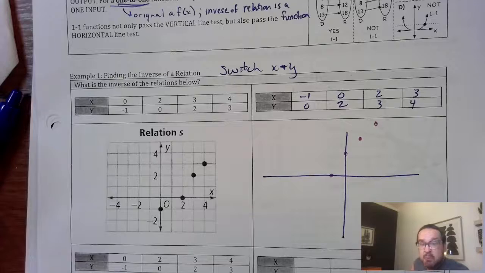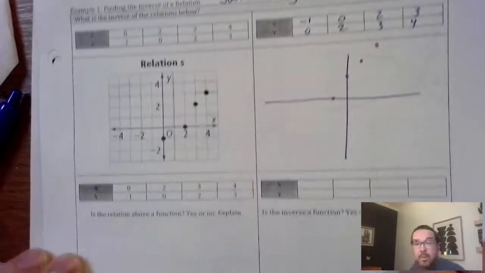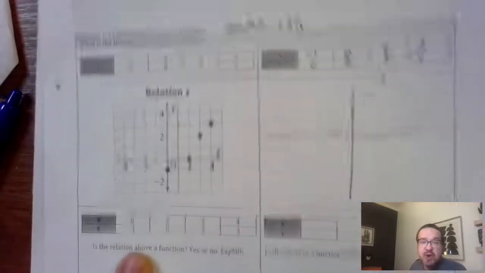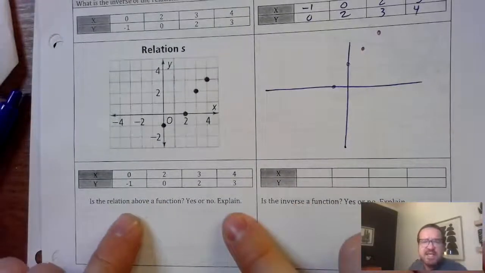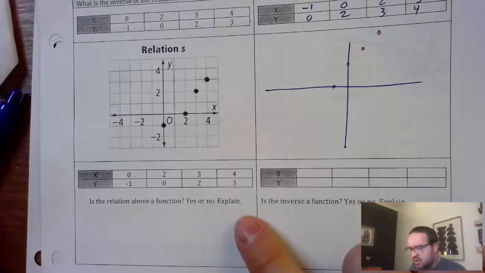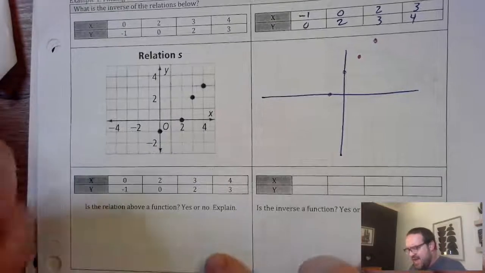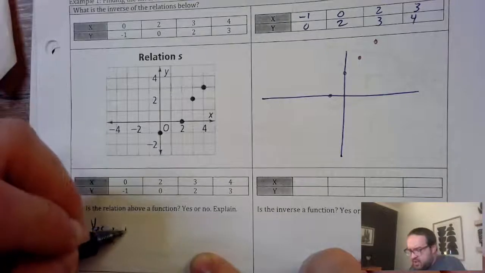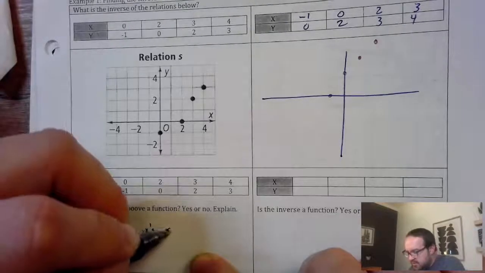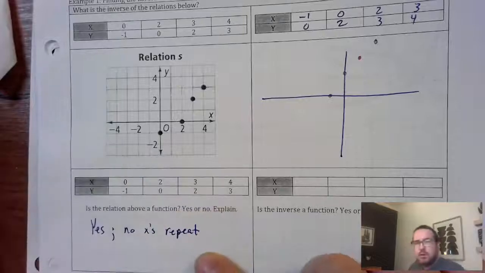All right, we might take it a step further here. These are the same problem, but we're just asking, is this original relation a function, yes or no? And we could say yes, and the reason is no x's repeat. That's a good way. It passes the vertical line test.